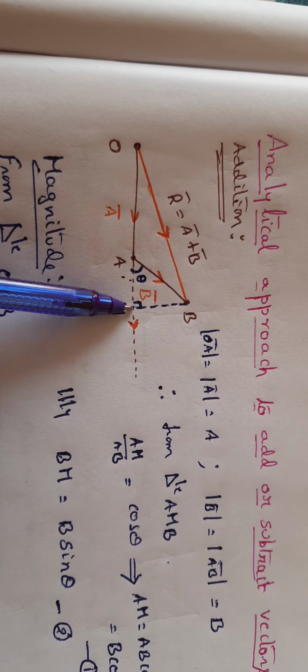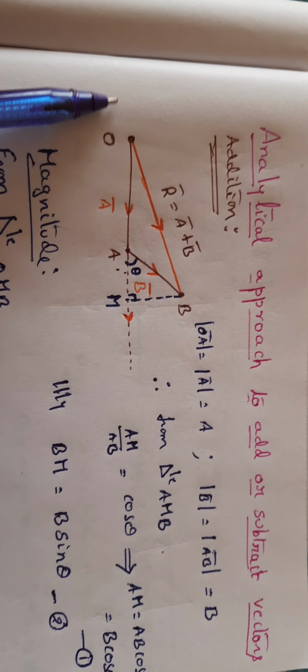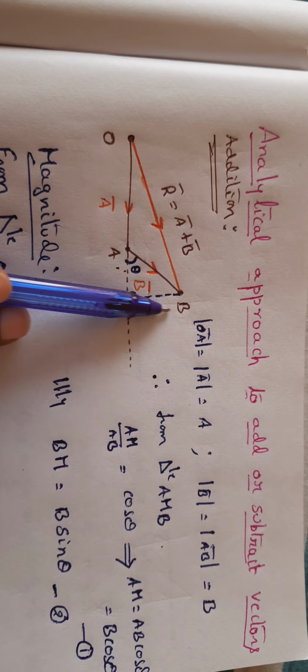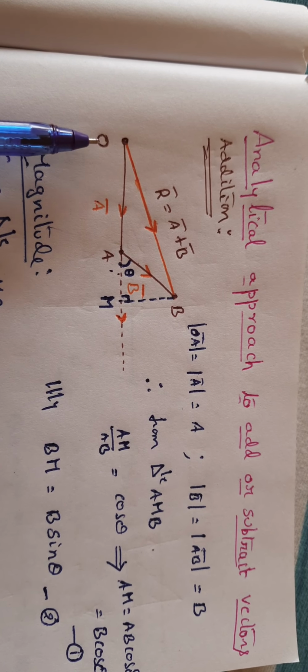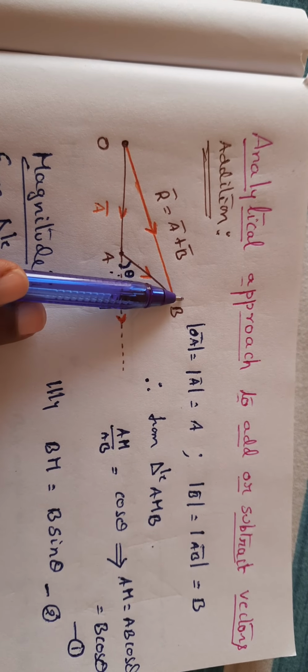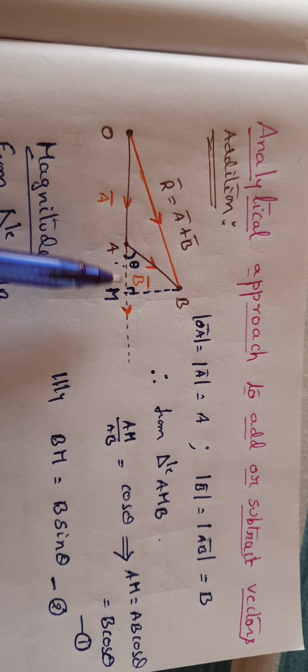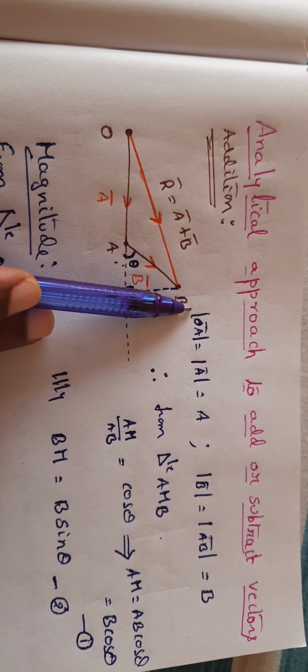Right. Now, if you observe the triangle, we have two right-angled triangles here. One being OMB and the other being AMB.